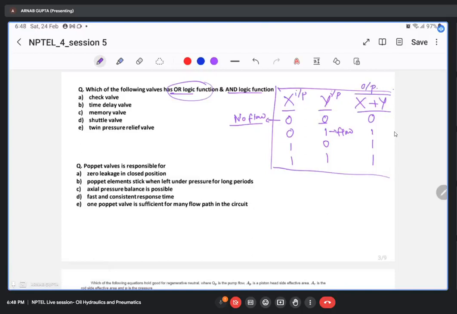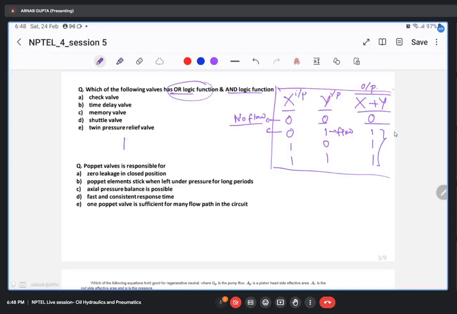If there is no flow from both the input pathways, then there will be no flow in the output. If there is flow from at least one of the pathways, then there will be outflow.